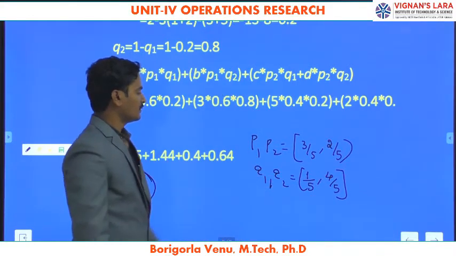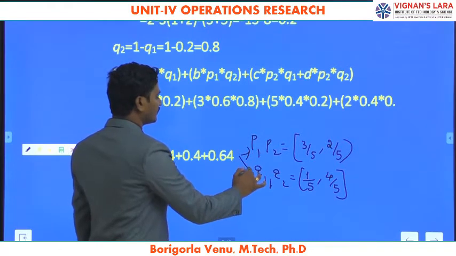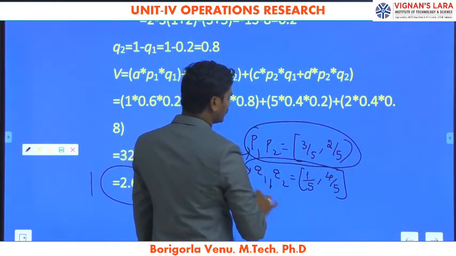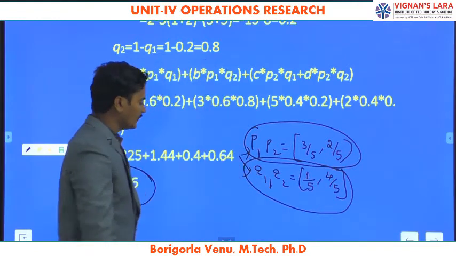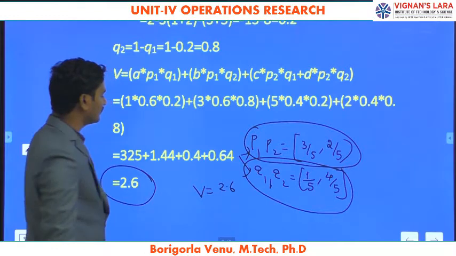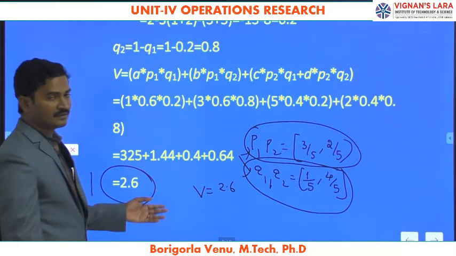These are the strategies of the players. When we are choosing P1, P2 we win the game. When we are choosing Q1, Q2 we lose the game. From this, the value of the game is 2.6. This is the problem.